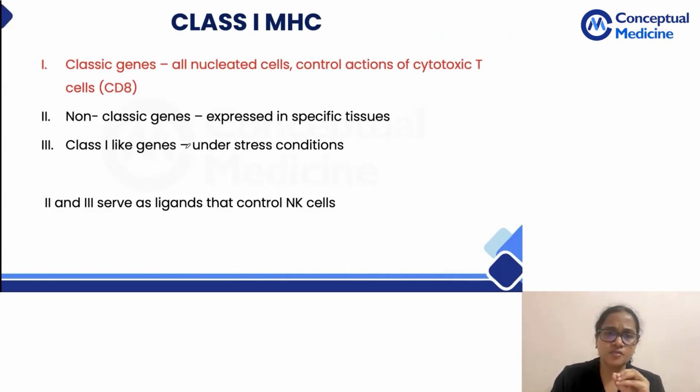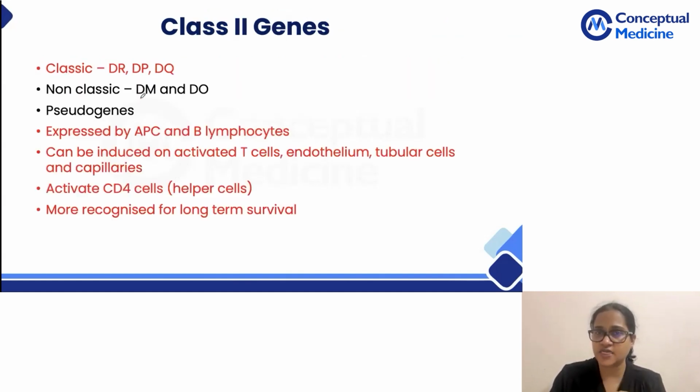There are other non-classic genes which are expressed in stress conditions or on NK cells, so that is not important. But what is important for both your MCQs and your clinical understanding is that class 1 MHC is expressed on all nucleated cells, and it activates your cytotoxic T cells, or CD8 T cells.